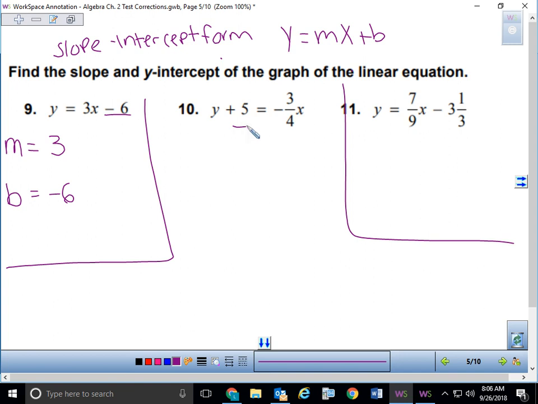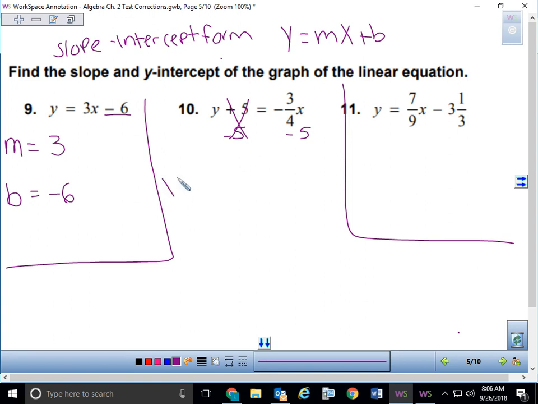That's incorrect, because, first of all, y is not by itself. If you actually want to find the y-intercept, then you need to plug in 0 for x and solve for y, or just rewrite your equation. So if I rewrite my equation in slope-intercept form, that means I'm moving +5 to the other side. To move it, I'm subtracting 5.